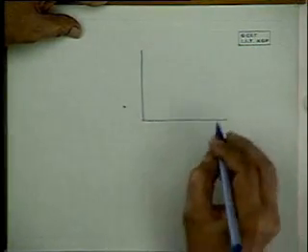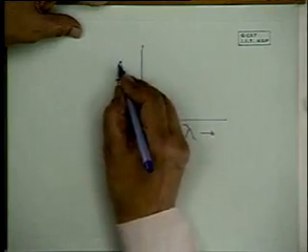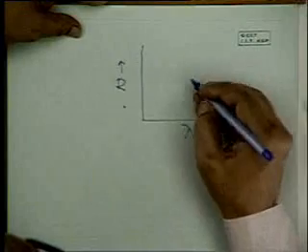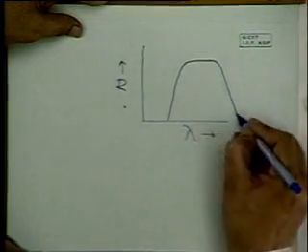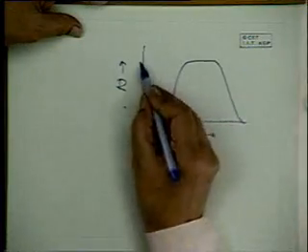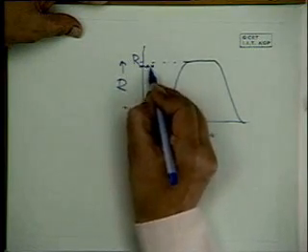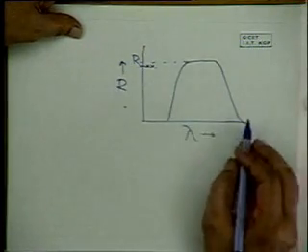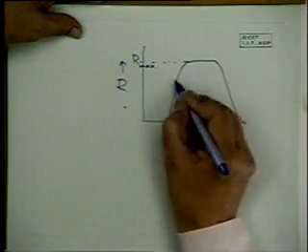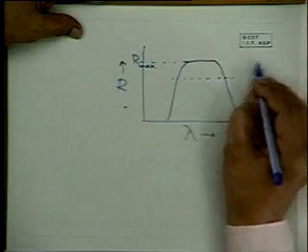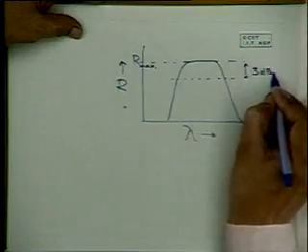For example, suppose this is the maximum response, and say this is down by 3 dB.